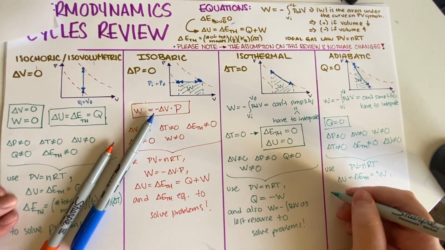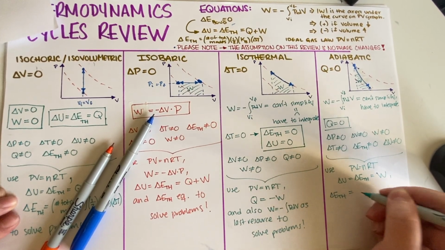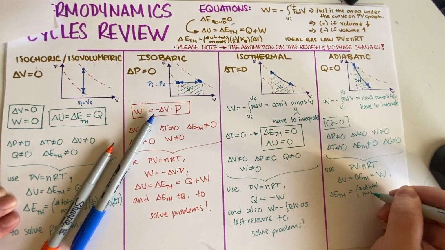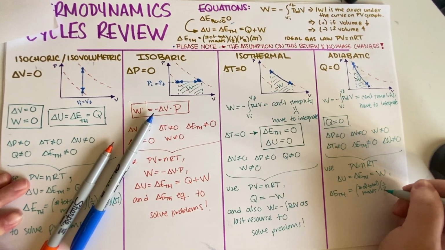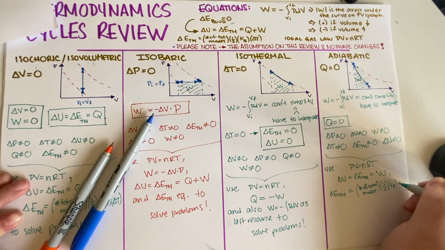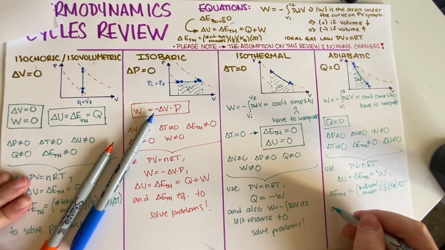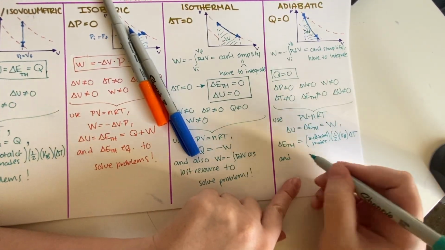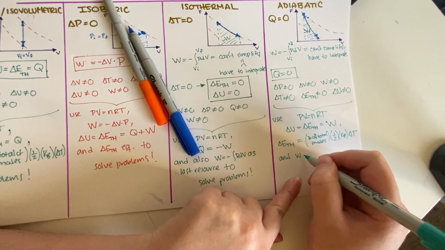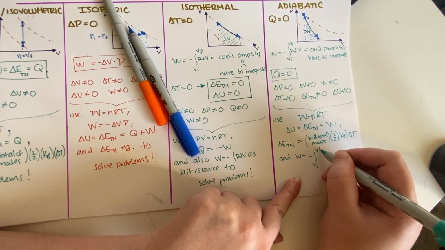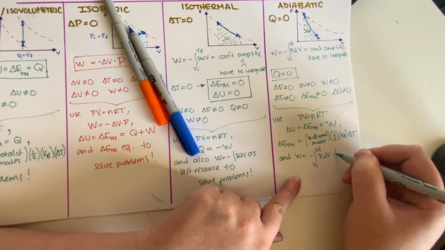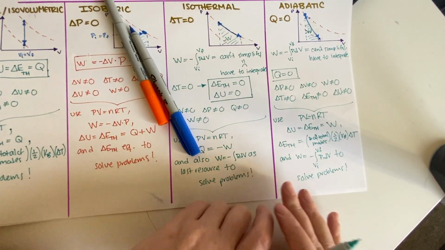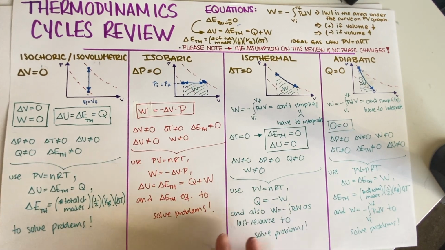You also get to use your thermal equation, and your last resort, which is actually doing the integral, to solve problems. So this is basically the recap of your thermocycles.